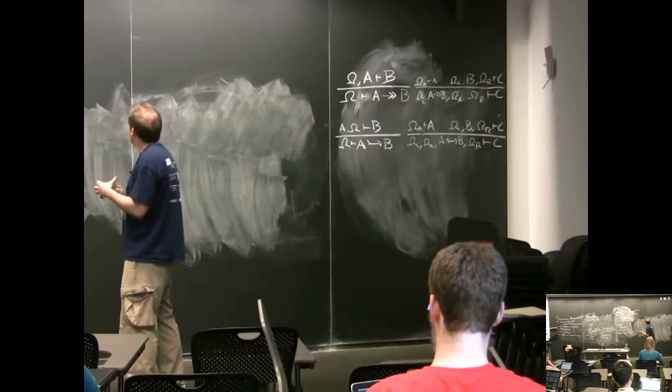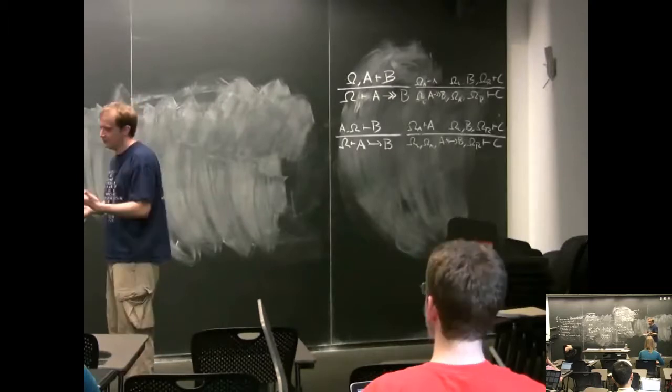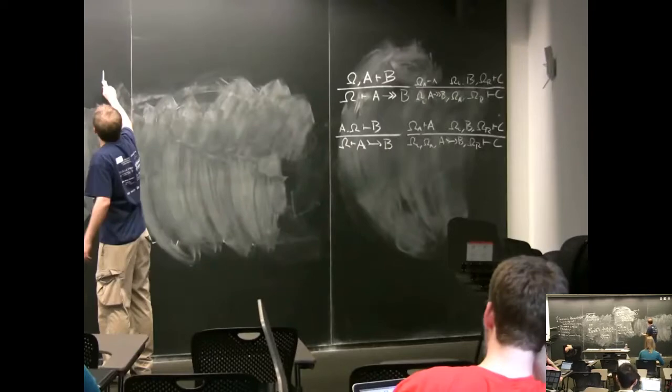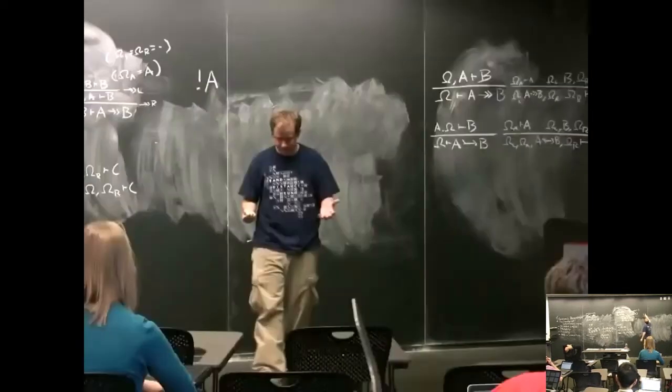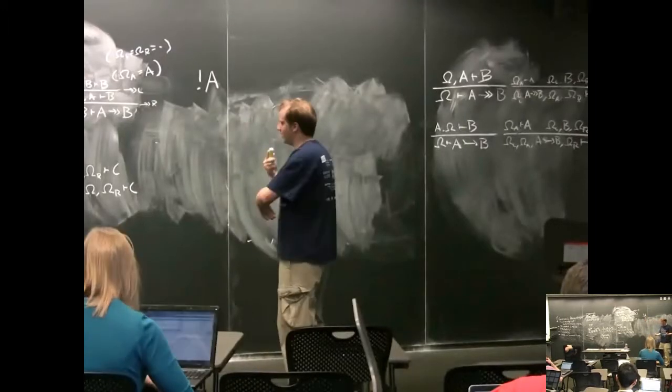However, what most presentations of ordered linear logic have are some exponentials. In fact, it's really the exponentials that make these logics interesting. So we want an analog of bang A for the system that we've been dealing with so far.